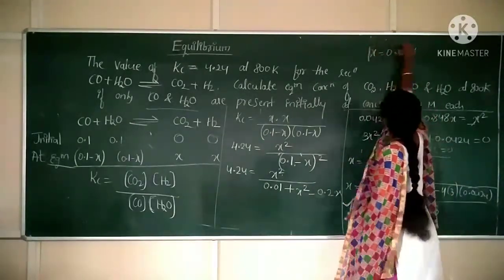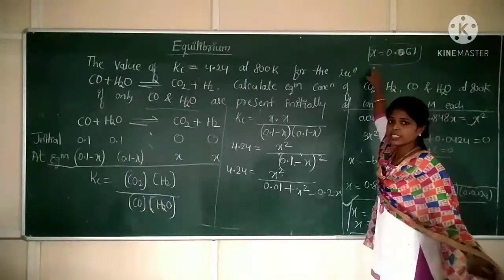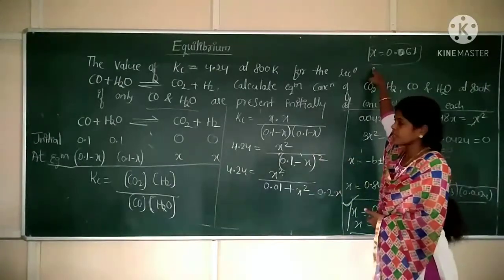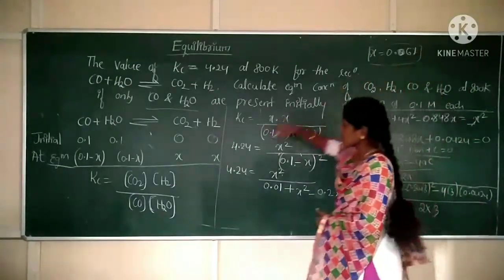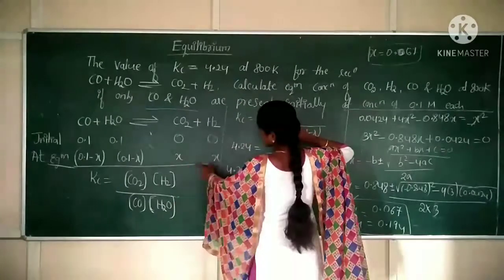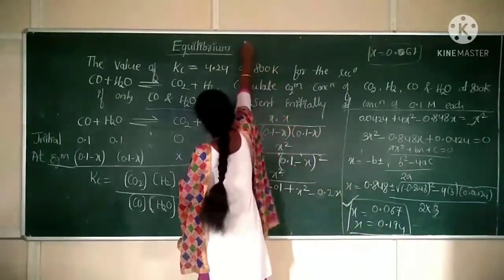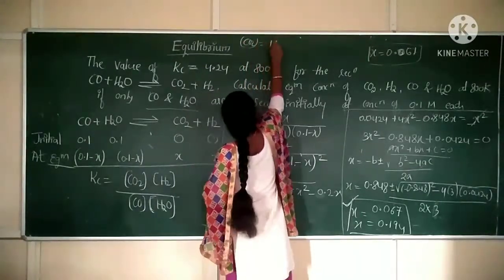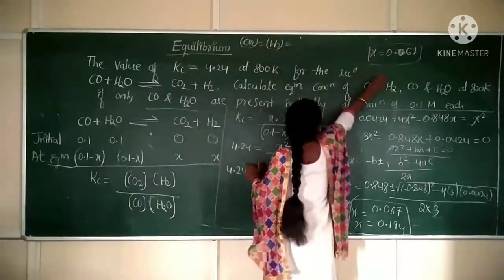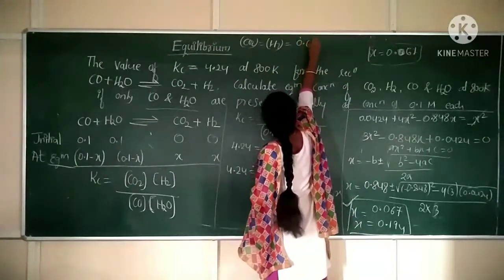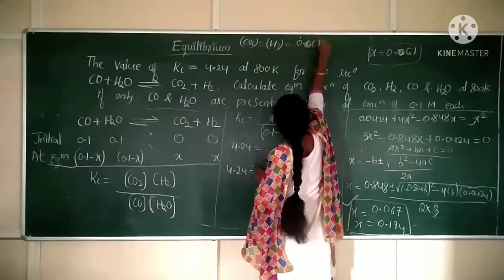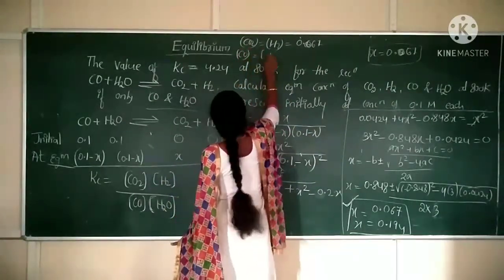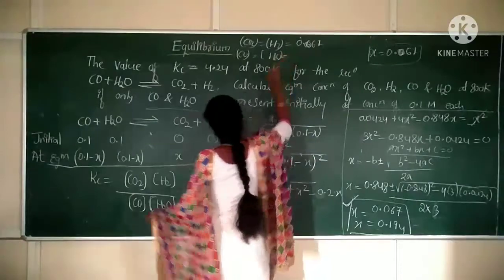So what is x here? The number of moles of reactant and product at equilibrium. Now the concentration of CO2 and H2 at equilibrium will be x. So the concentration of CO2 equals the concentration of H2 equals x, 0.067, and the concentration of CO equals the concentration of H2O at equilibrium.